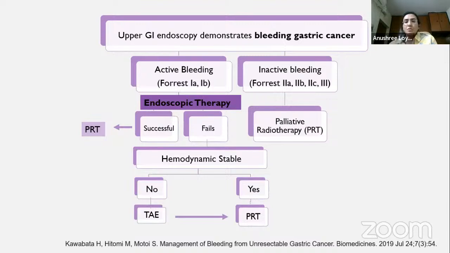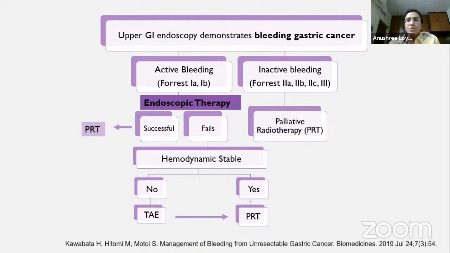Now, since there are no specific guidelines as to how we should manage a patient who presents with bleeding gastric cancer, this strategy has been proposed by Kawabata et al. They have suggested non-surgical methods. Any patient who has active bleeding and has Forrest 1A or 1B, endoscopic therapy is the preferred modality to treat such patients.